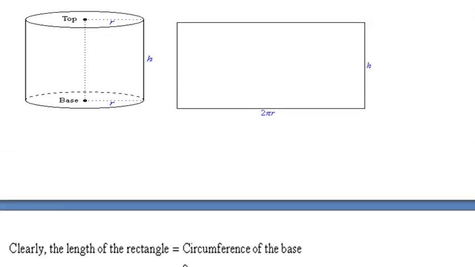See here, that's why it is written: the length of this side is 2 pi r, because it will become the circumference of the base. That's why the total length of this side is 2 pi r, and this is h.